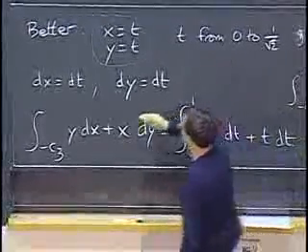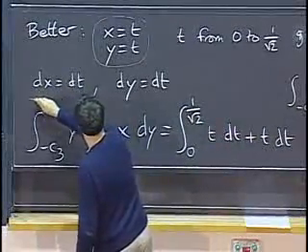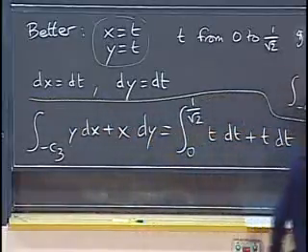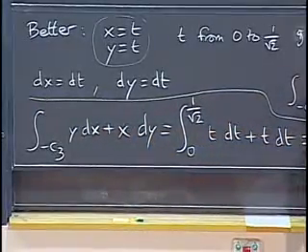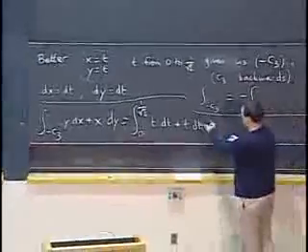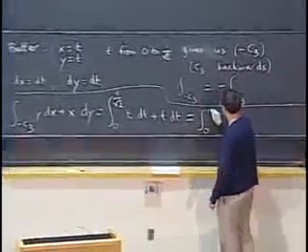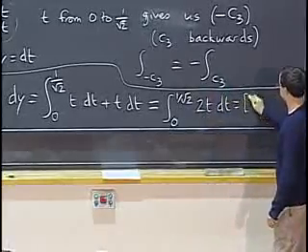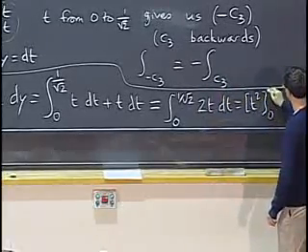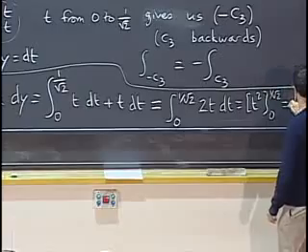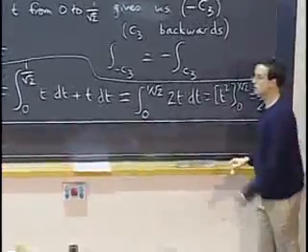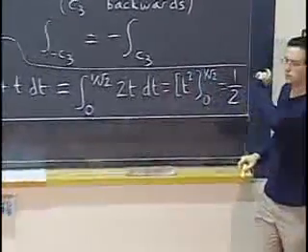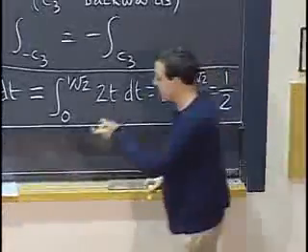Sorry, I'm messing up my blackboard. Okay. Which is going to be, well, the integral of 2t dt, which is t squared between these bounds, which is 1/2. That's the integral along minus C3, along the reversed path.